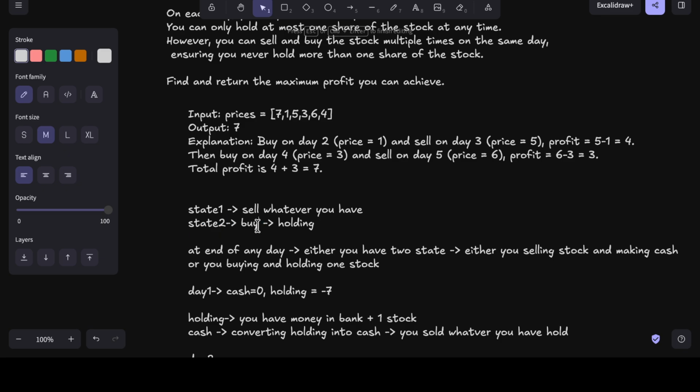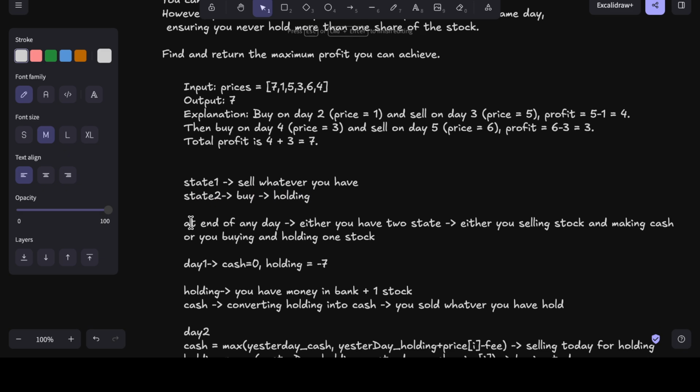State two is that you are buying, not selling, just buying and holding it. So at the end of any day, either you sold a stock and made cash, meaning you have money in the bank, or you are buying using the cash you have and holding one stock.